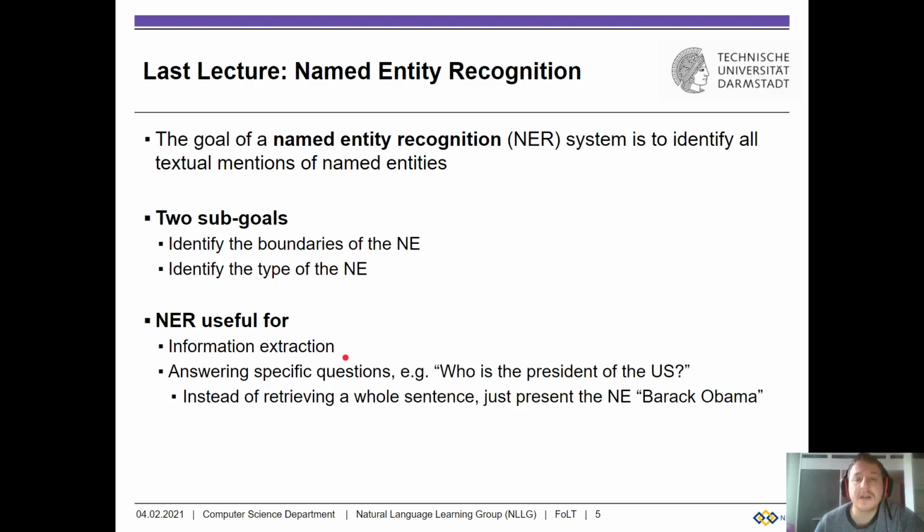We've then seen how to do named entity recognition, and similarly how to induce a chunking system to identify all textual mentions of named entities, or to do chunking automatically.